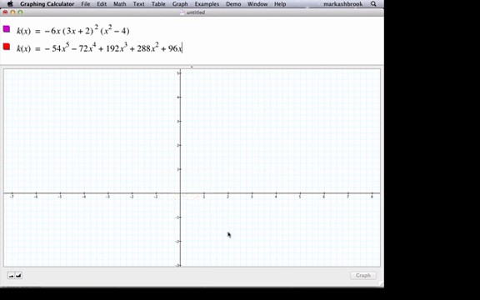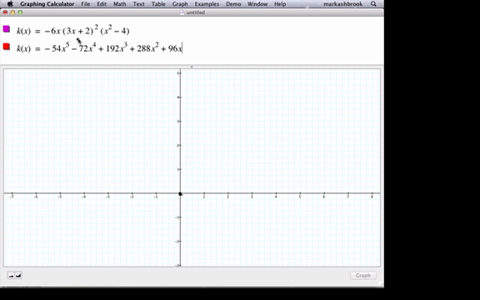Anybody have a root yet? Tell me one root. 0. 0 is one of them. What if it just said negative 6 and there was no x there? Would negative 6 be a root? No, that wouldn't be a root, because the roots are values of x that make the function 0. All right, so 0. Okay, another root. Negative 2/3.